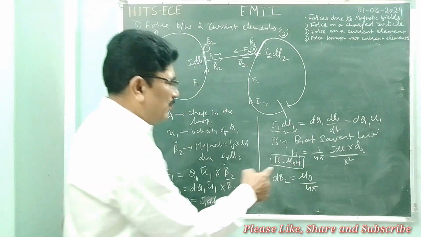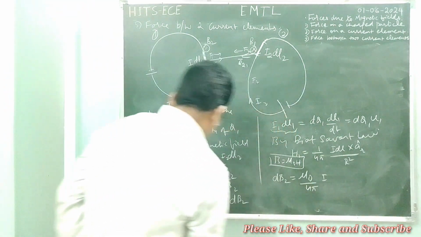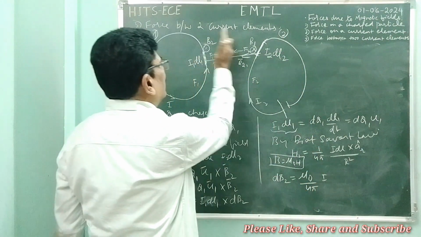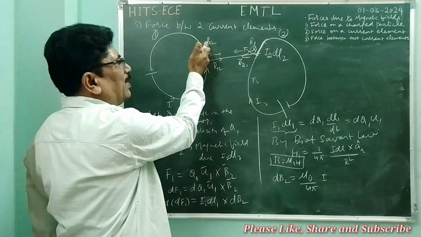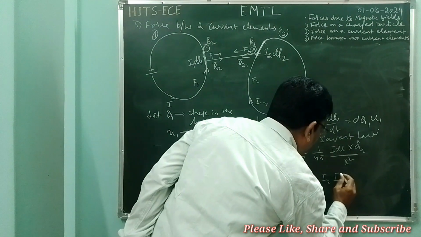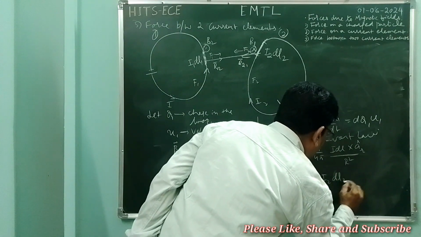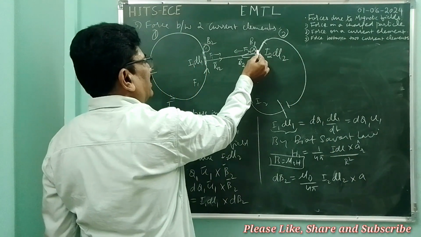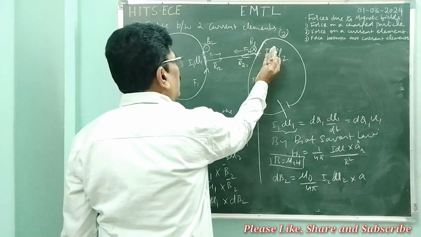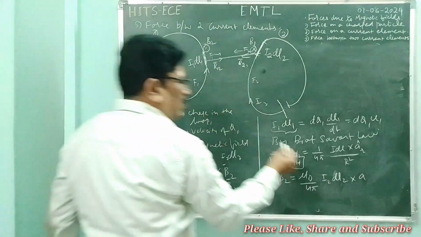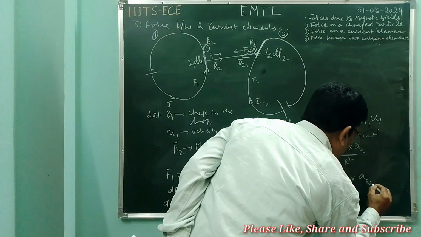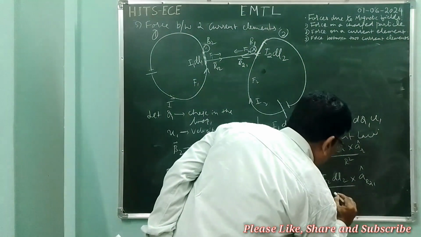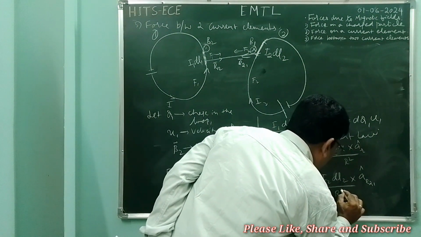So dB2 is equal to mu 0 into 1 by 4 pi into I2 dL2 cross aR21 cap, the unit vector in the direction from this loop to this one, R21, by R21 square.